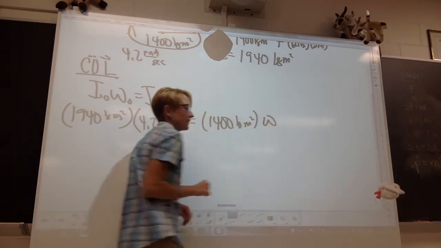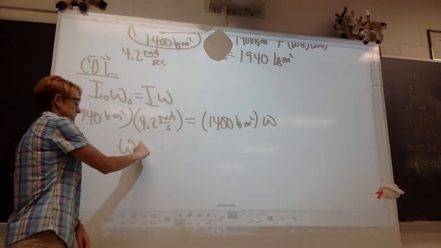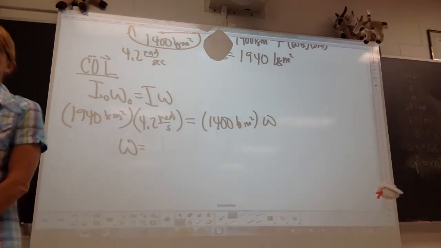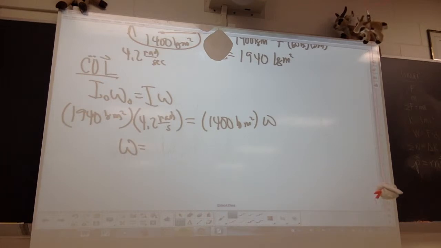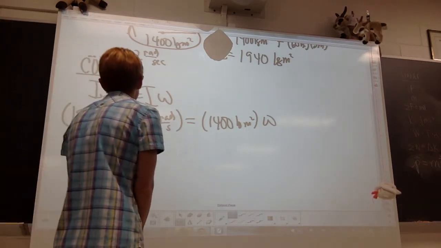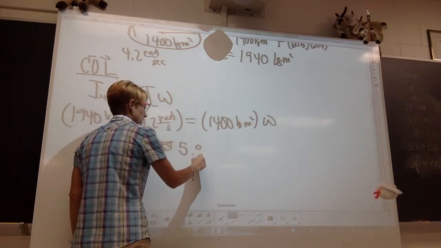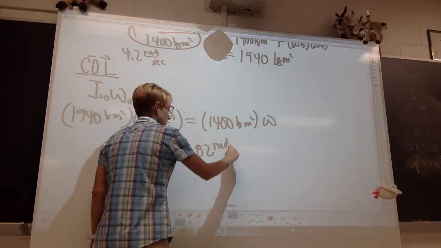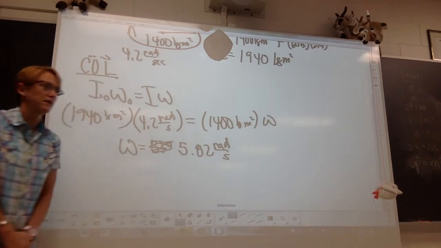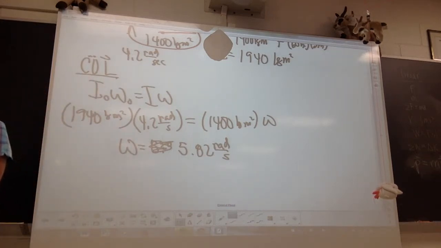And so we can calculate omega. I like angular momentum. Angular momentum is pretty easy. 5.82 radians per second. And you're absolutely right.